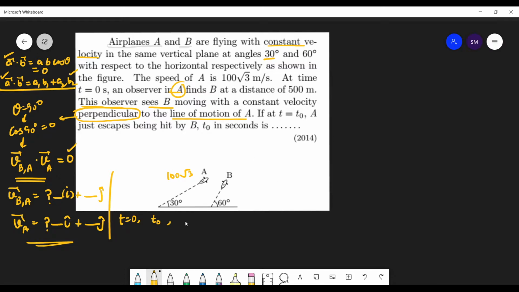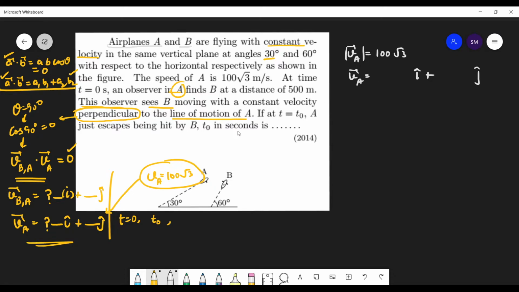So students, what's VA? VA is given to you, the magnitude is given, but we have to write it in vector form. How are we going to do it? VA is 100 root 3, that is the magnitude, but we have to write it as its component in the x direction plus its component in the y direction.